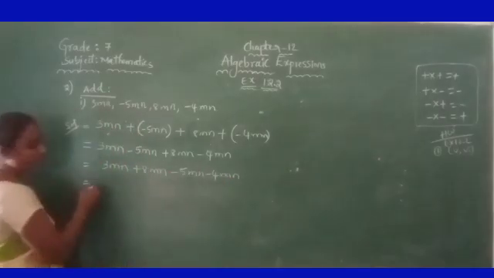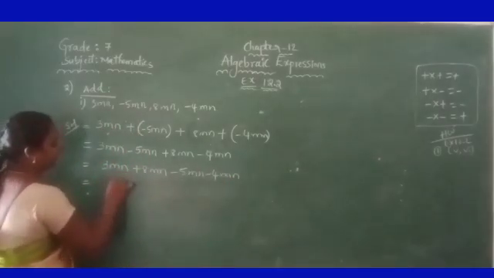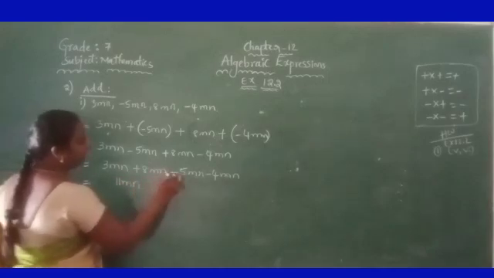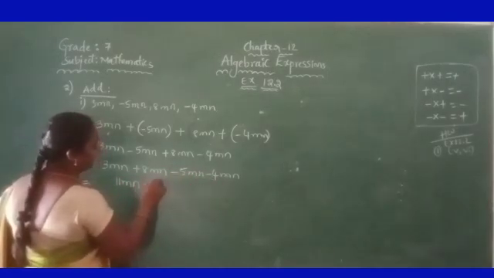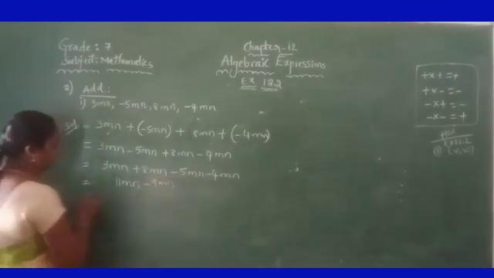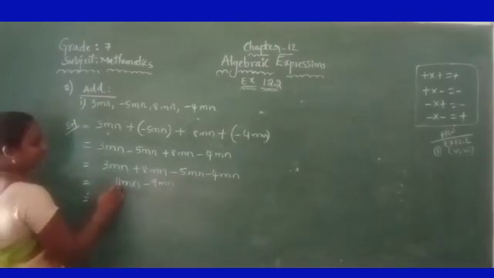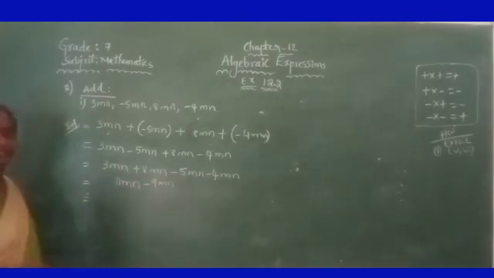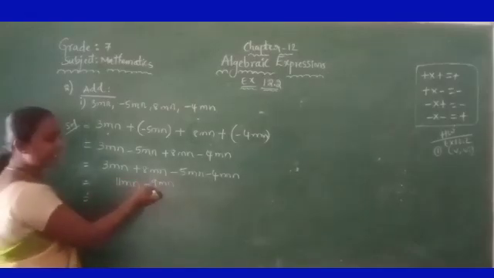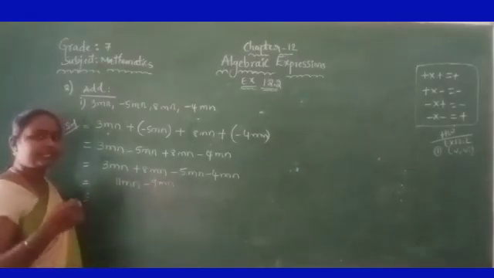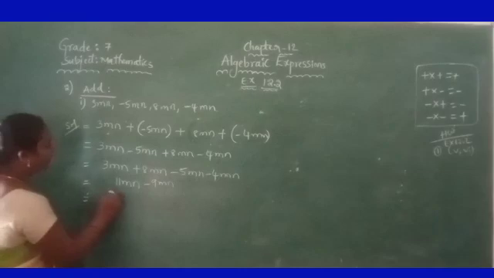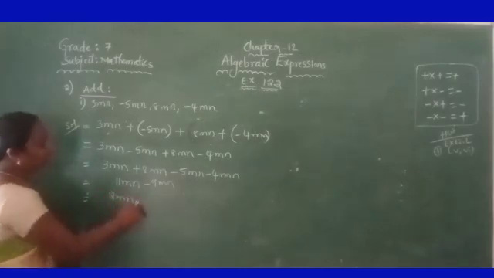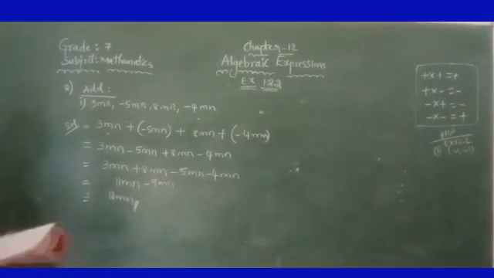Now it is easy to add. 3 plus 8, 11mn. Minus 5 minus 4, minus 9mn. Now plus 11 is more than minus 9. So from plus 11, how many do you have to subtract? 9mn. So remaining 2mn. 2mn. Right.